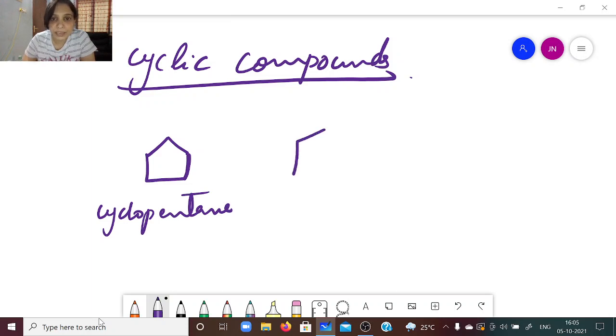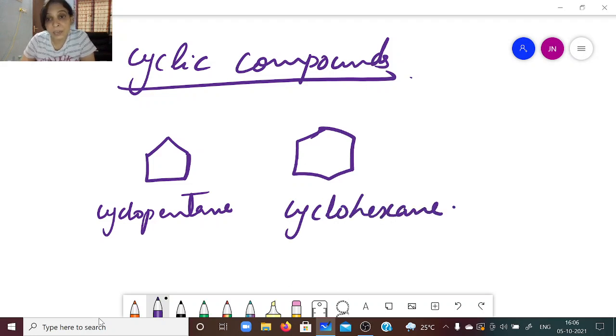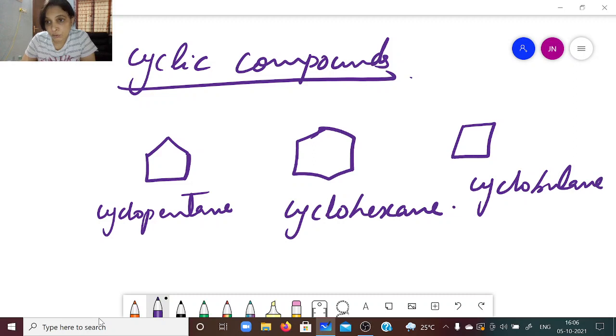And if you show a hexagon, it is cyclohexane. It is according to the mathematical geometry we will name. For example, a square is cyclobutane. These are cyclic compounds without branches. Now, we will see with branches how we will name.